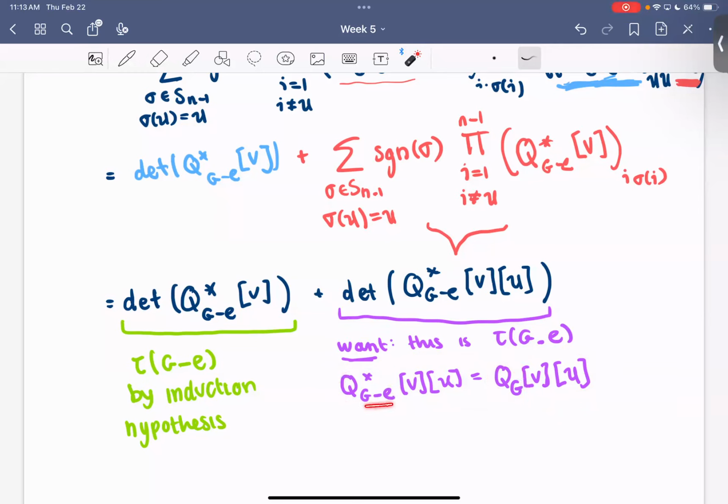So these two matrices will be the same. Does that make sense? Other questions?